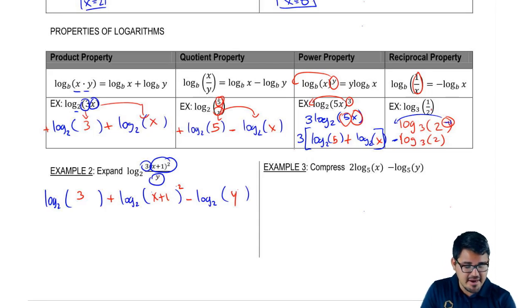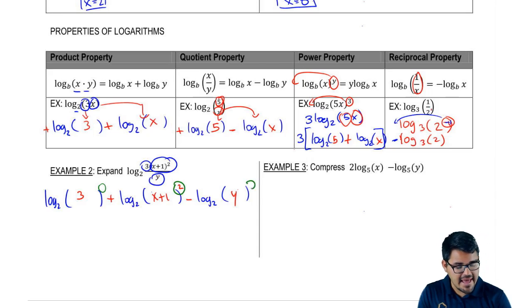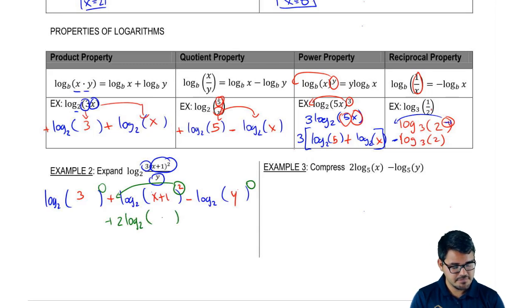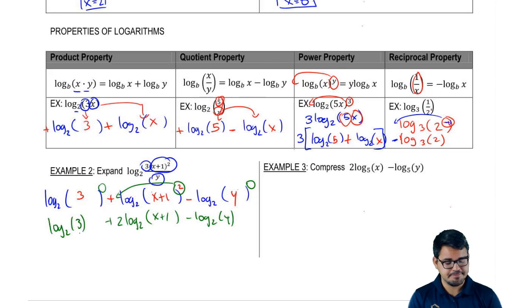Here I have spotted no powers here, but I have a power here, and no power here. So since we have a power of 2, we got to bring that forward. Boom. Okay? So we're going to have 2 log of x plus 1 minus log 2 of y and log 2 of 3.